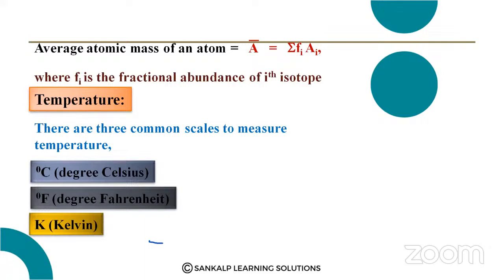Isotopes have the same atomic number but different mass number. So whenever you have different atomic masses for a particular atom, you will use the average atomic mass.